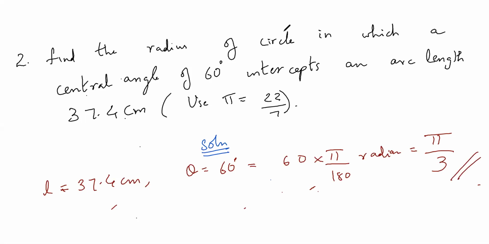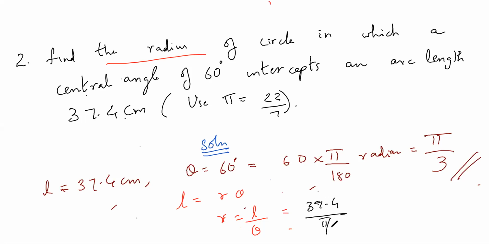Then my simple formula I'm using. What is the formula? L is equal to r theta. Question: find the radius. So r is equal to L by theta. L is given as 37.4 by pi by 3.